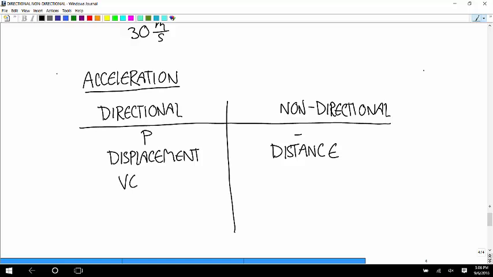And then we have velocity, and the non-directional quantity speed. And then finally we have acceleration.